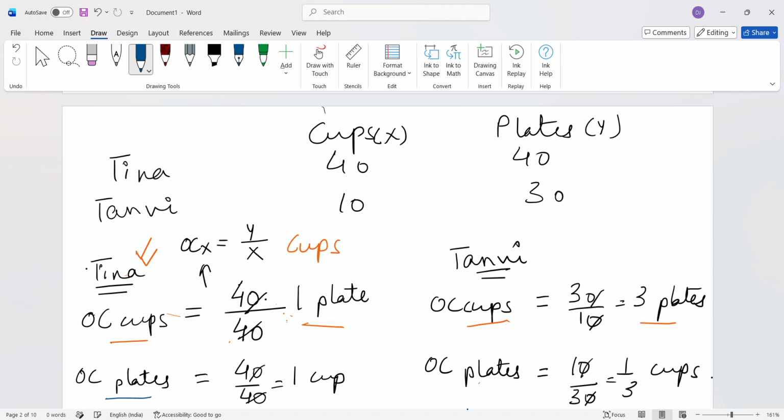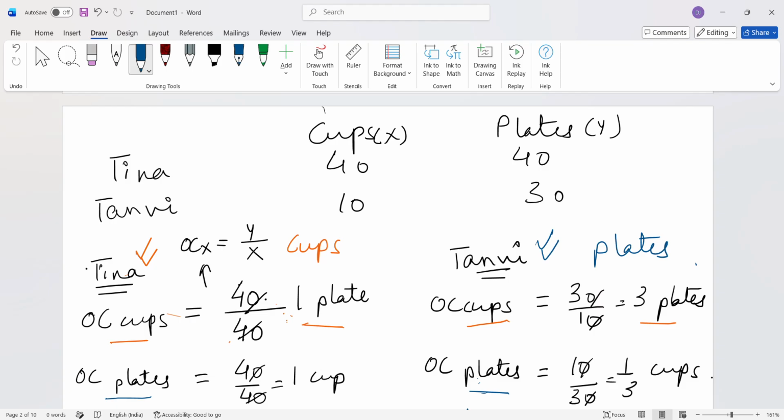However, for Tanvi, the opportunity cost for plates is only 1/3 of a cup. She's sacrificing only 1/3 of a cup to produce 1 plate. So the opportunity cost for Tanvi is lower for plates. So that is why Tanvi would be producing plates.